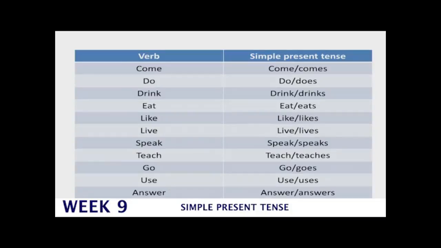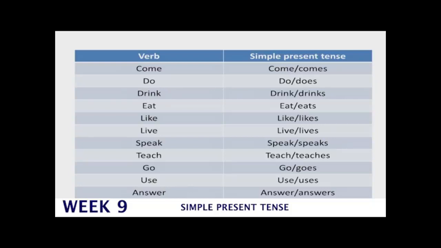So let's start with the first one. The verb come. In simple present tense, we use come, the regular verb, and comes for third person. Then we have do. Do and does for third person. We have drink. I drink, she drinks.